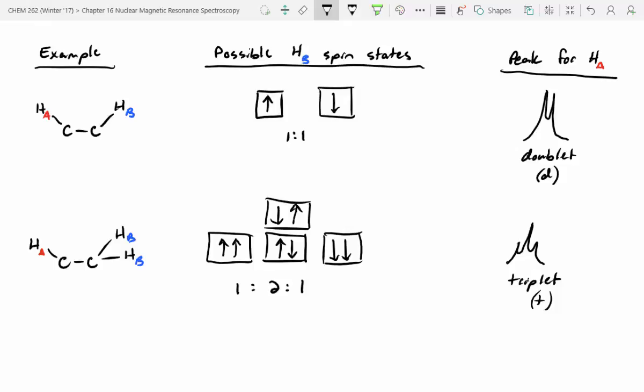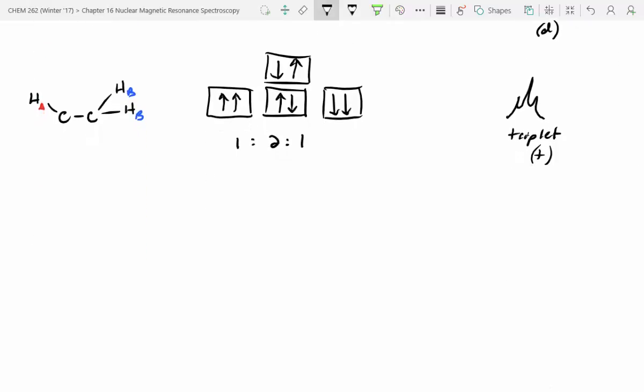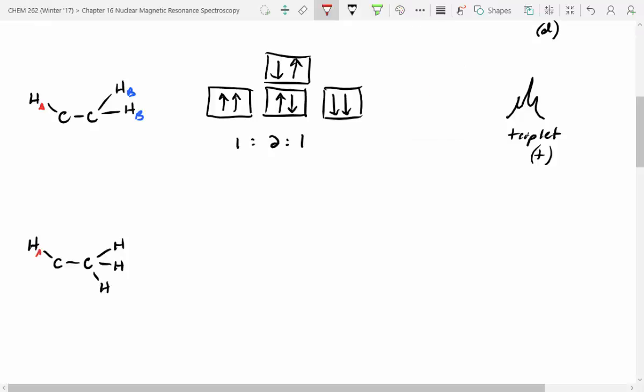We'll do one last one. And with this one, let's imagine we've got three neighboring protons. Now the statistics become a little bit more challenging.